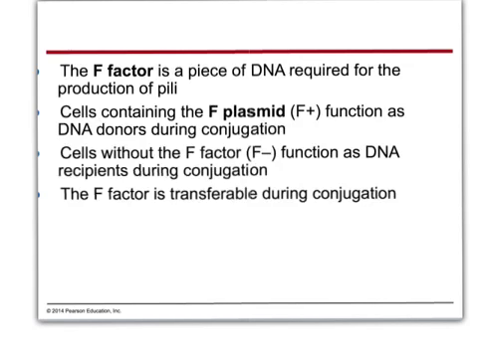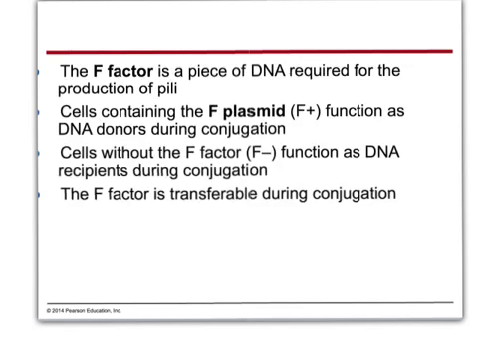F stands for fertility. And they function as DNA donors during conjugation. So an F plus cell can produce a sex pilus and will transfer DNA from that cell to another cell. All right? Cells without the F factor are your DNA recipients.